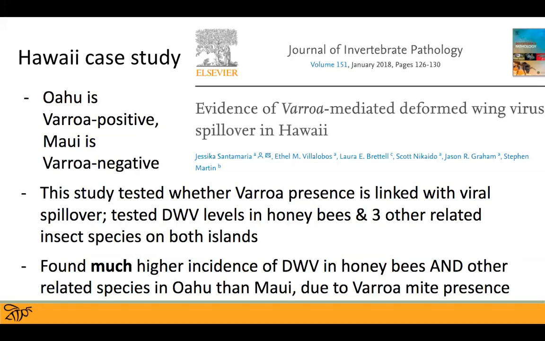And they did find a much higher incidence of deformed wing virus in both honeybees and these other related species in Oahu, which is the island that is Varroa positive, compared to Maui, which is Varroa negative and had very, very low levels of deformed wing virus. So this does go to show that Varroa mites can really cause problems in terms of pathogen spillover, or viral spillover.